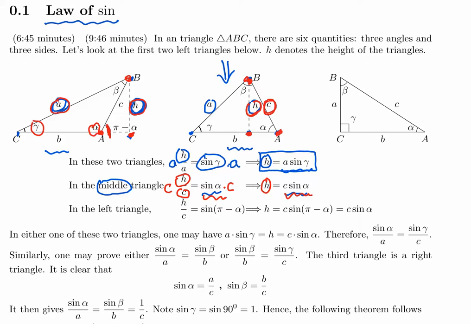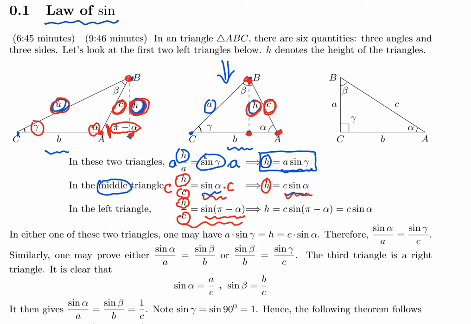So H over C is sine of pi minus alpha. Again, H over C is sine of this angle, pi minus alpha, right here.